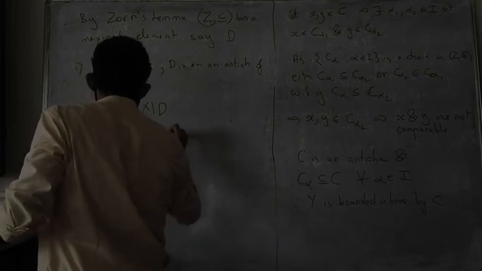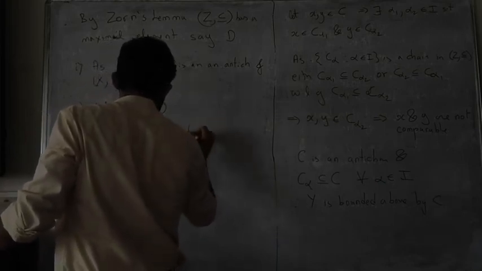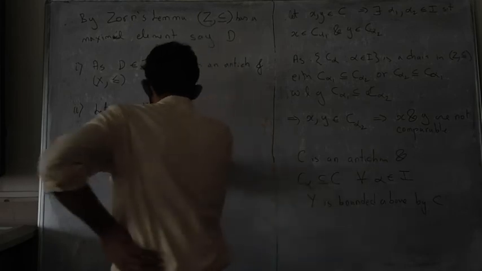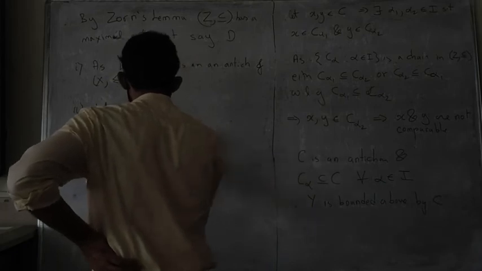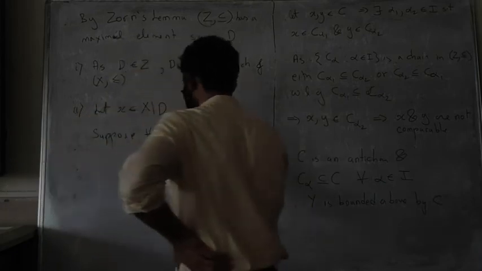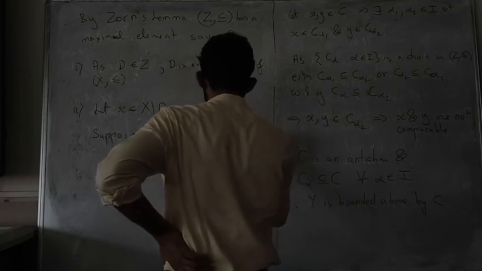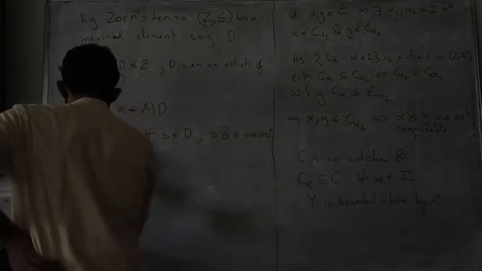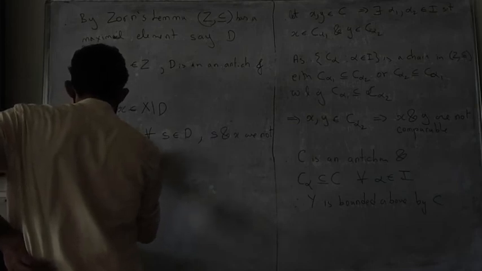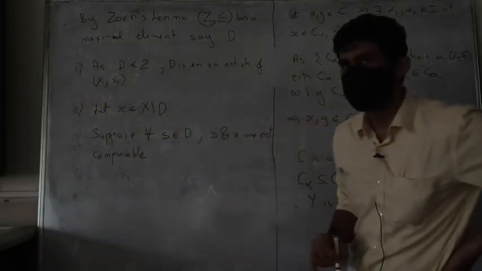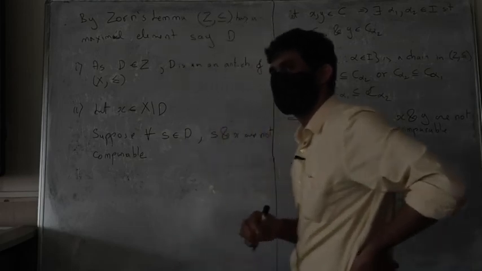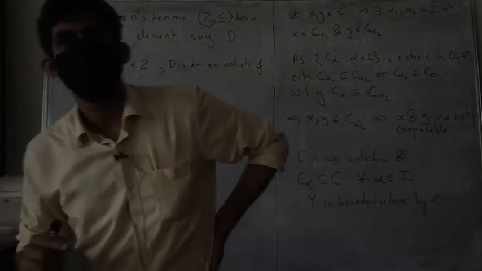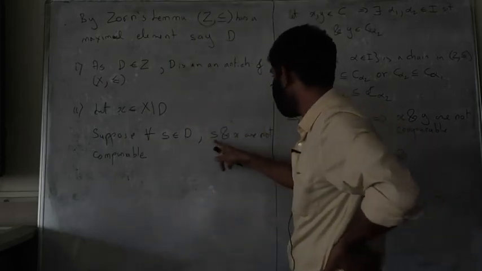Suppose for every S in D, S and X are not comparable. What would happen?